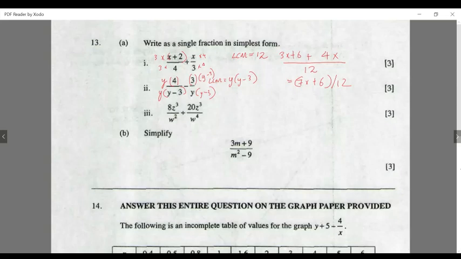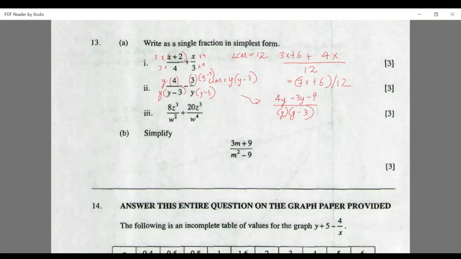And so now you should end up with 4y minus 3y minus 9, because I distributed when I multiplied through these brackets, divided by y minus 3.